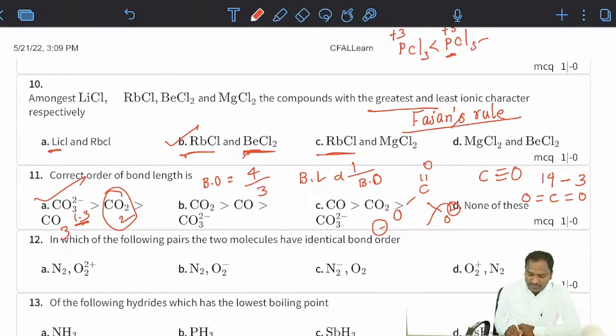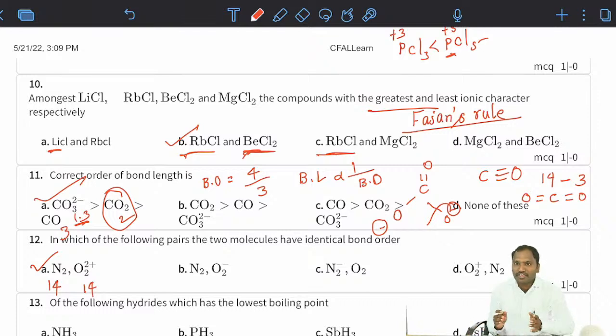So here nitrogen has a total of 14 electrons. O2 2 plus: if you count 16 minus 2, it has lost 2 electrons, so here also 14 electrons. So no need to go for the other options; they have the same number of electrons.